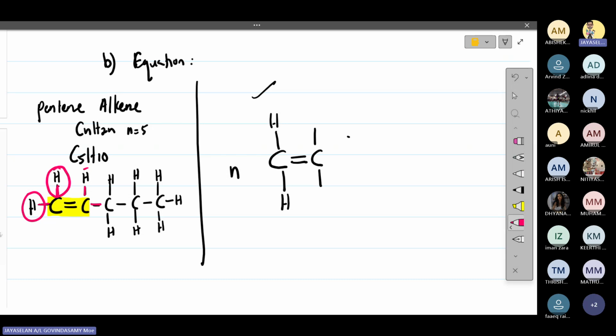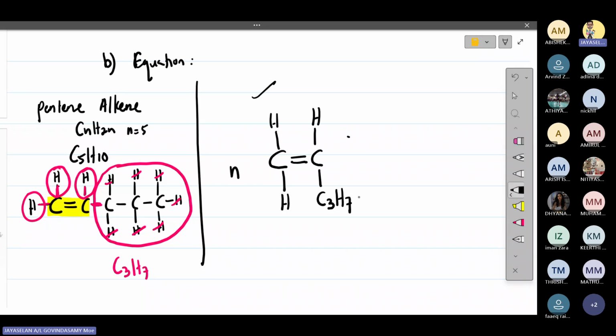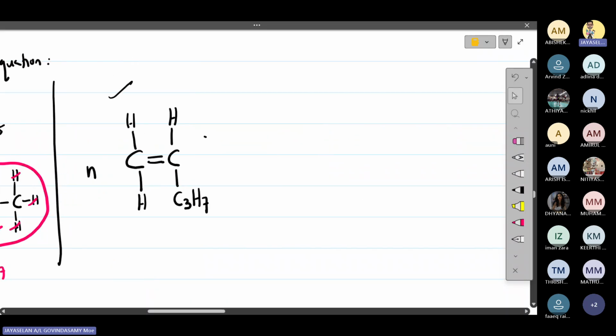Now this H, I put at the top. You want to put at the bottom also can, top also can. After this bonding there is a lot of chain. Simplify this as C3, H will be 1, 2, 3, 4, 5, 6, 7. So simplify as C3H7. So you put C3H7 like this. So you already got the answer.